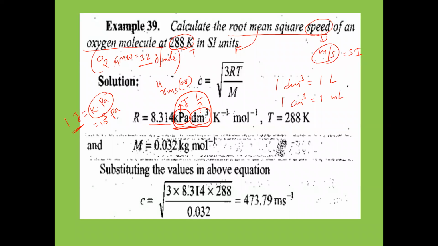So 1 joule equals kilopascal into decimeter cube. 1 kilo means 10 power 3 pascal into decimeter cube. Decimeter cube is nothing but 1 liter only. Remember.